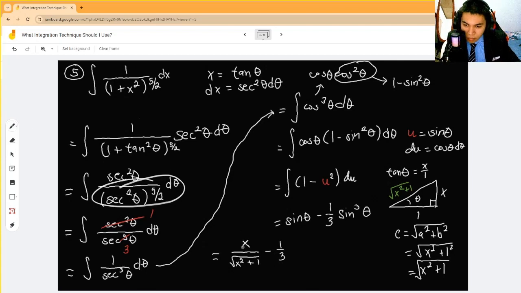Opposite side is x. Pardon. And you have 1/3 of, again, sine theta is opposite over hypotenuse. This one. I stand corrected. So we have x over square root of x squared plus 1. And then we cube that. Okay?